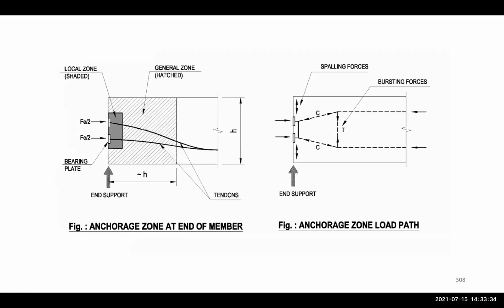Again, this shows the general zone and the local zone that need to be considered, and the forces on the cables, and you can see the bearing plates which we have to design. Here we have the distribution of the forces, which can be used for a strut-and-tie solution of the concrete section at the end of the member.